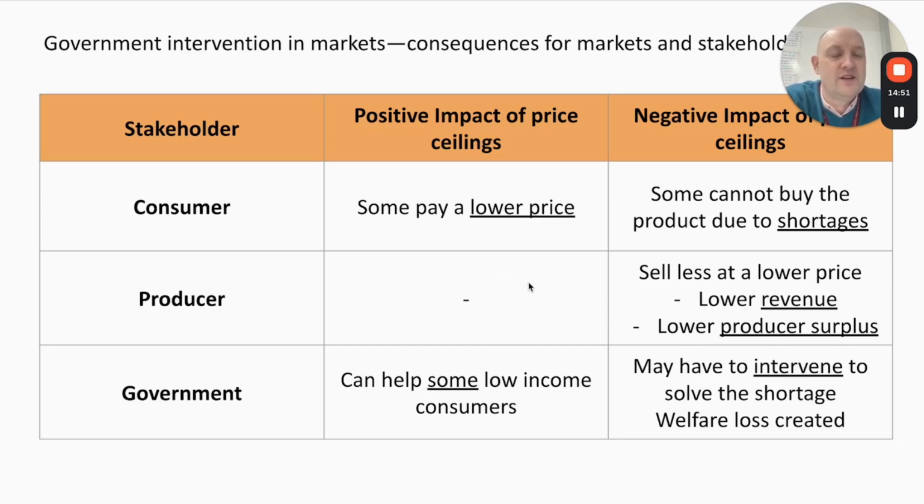There potentially are some, but in general, most of it's going to be negative. We saw that the revenue is going to go down and there's going to be a lower producer surplus. For the government, they're going to be able to help some consumers, but in general, there's the problem that some consumers might not be able to buy it because of the shortage, so they might have to intervene again to solve the shortage. And there's also a welfare loss that's going to be created, which leads to an inefficient allocation of resources.